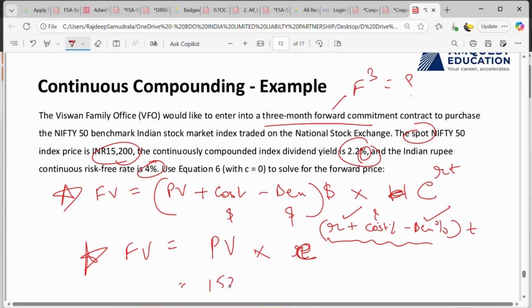It'll be 15,200 into e raised to, the rate is 4%, the benefit is 2.2%, and the time is 3 months, so it is 3 upon 12. That's your answer. 15,200 into e raised to r minus benefit, into 3 by 12.